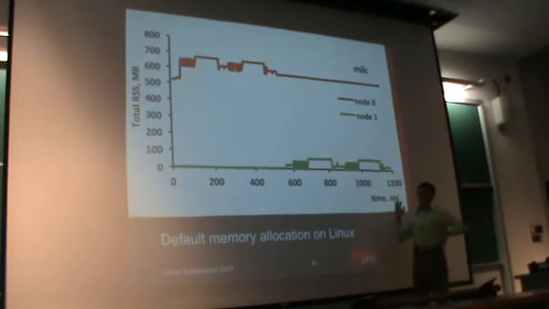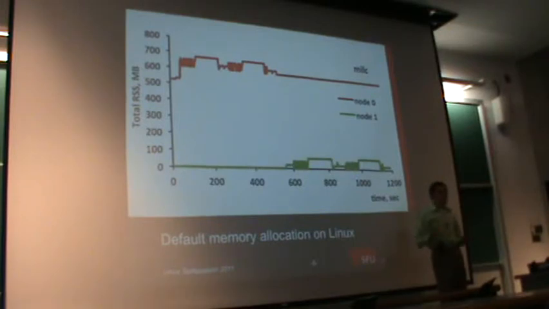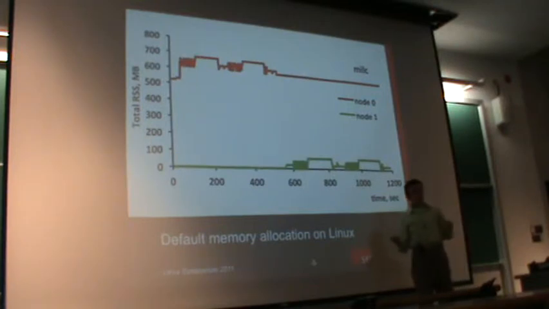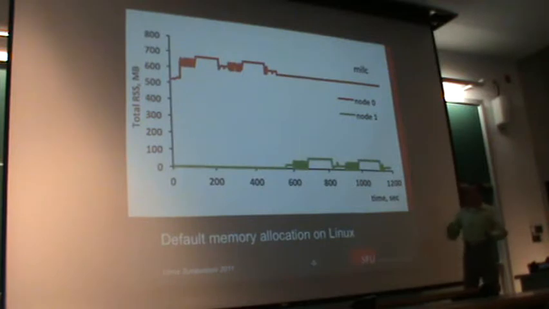As you can see, a lot of applications, especially those that are CPU intensive, allocate most of their memory in the first few seconds or minutes of execution. As a result, at the beginning of the execution, there is no memory allocated on memory node 1, right? The application is not running there.